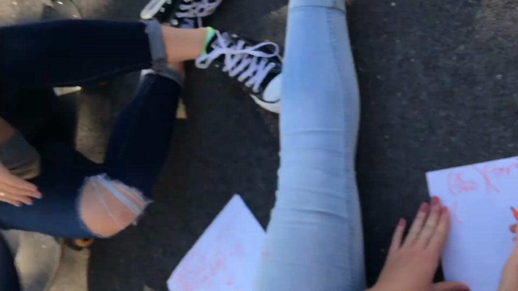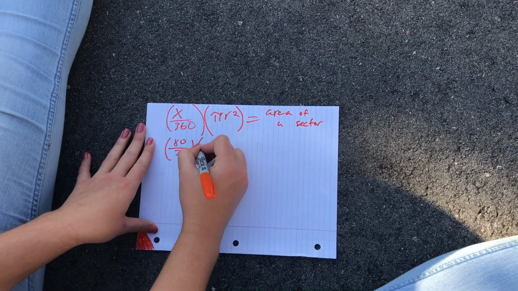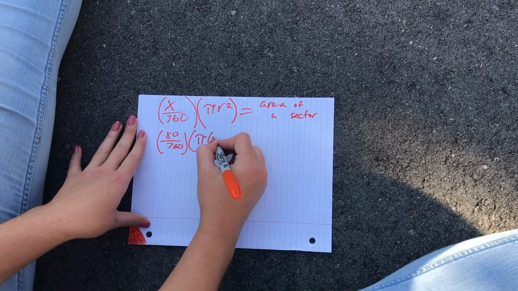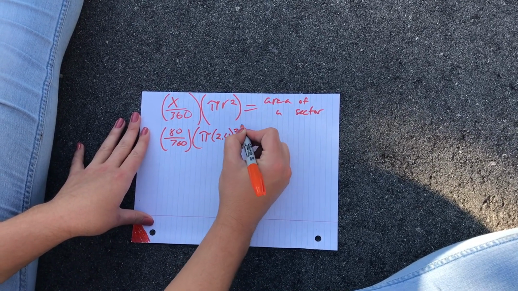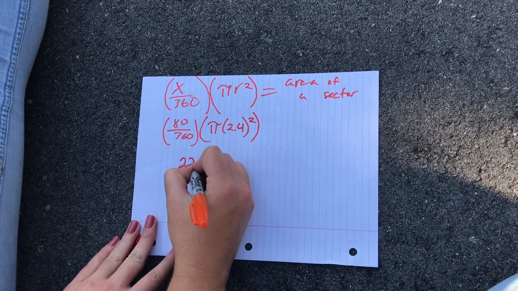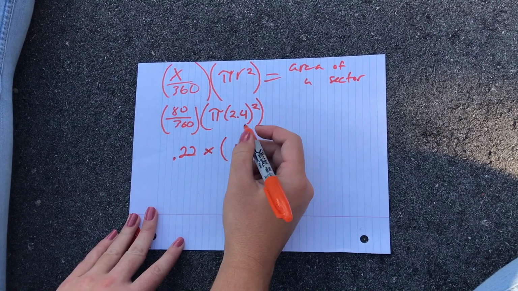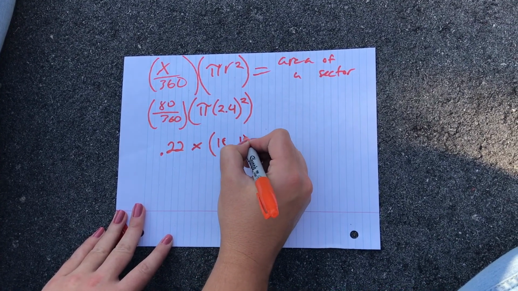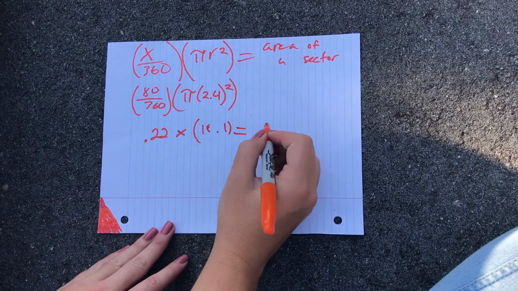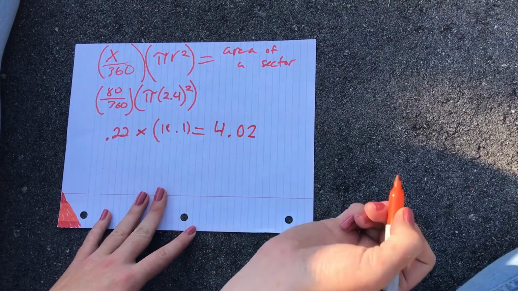In our case, the degrees was 80 over 360, and the radius was 2.4 squared. So then this equals 0.22 times, and that equals 18.1, which equals the area is 4.02.